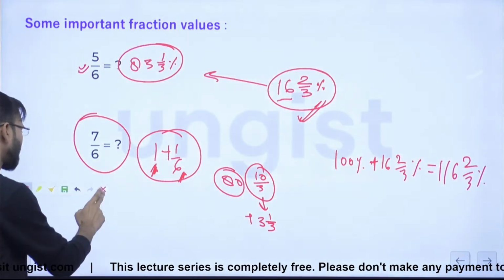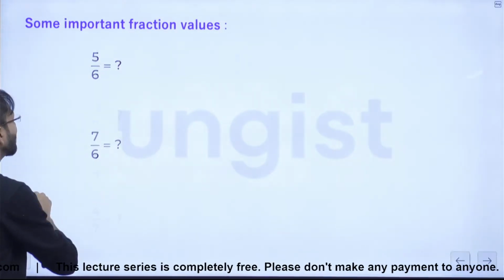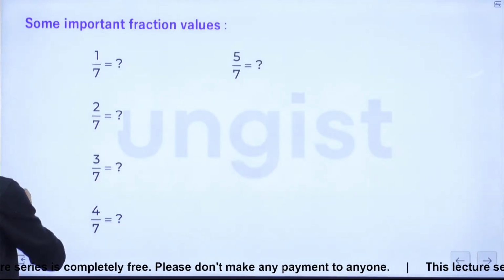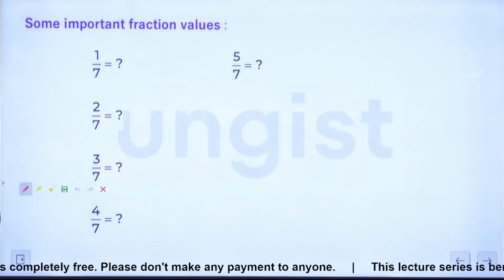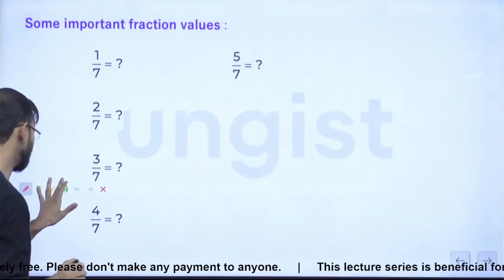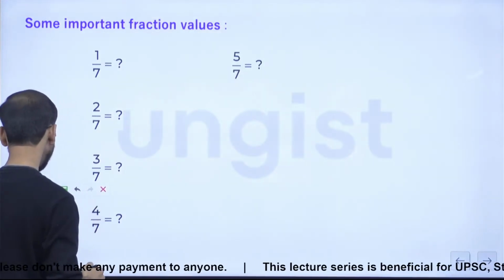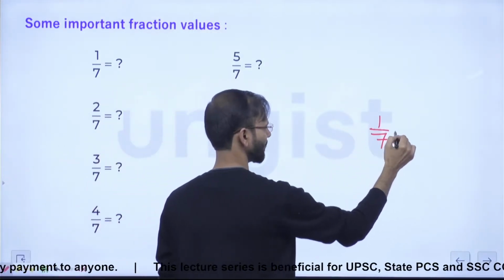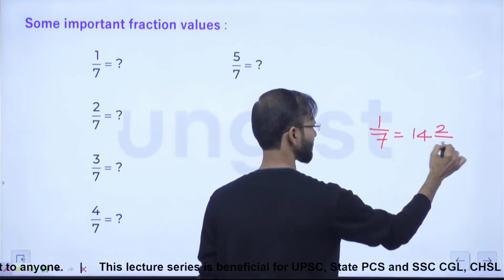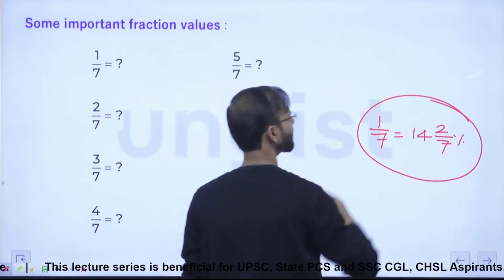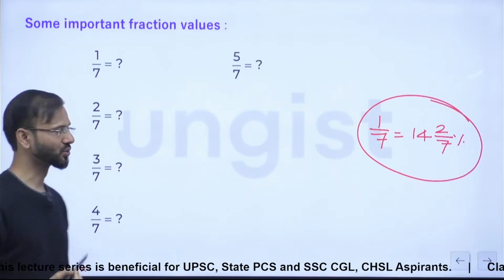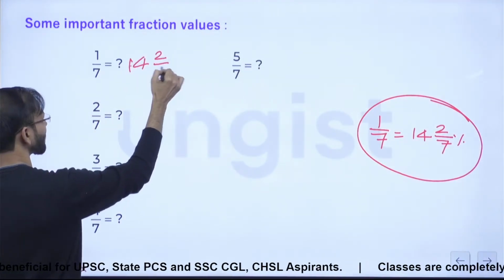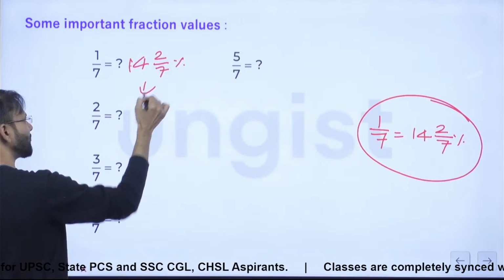Okay, tell me one more. Okay, let's do this one. See guys, what is 1 by 7? Yes, the base value is 14 2 by 7, everybody, right? 1 by 7 is 14 2 by 7. Now guys, you just have to tell me the values quickly. This is 14 2 by 7. Double of this will be what?